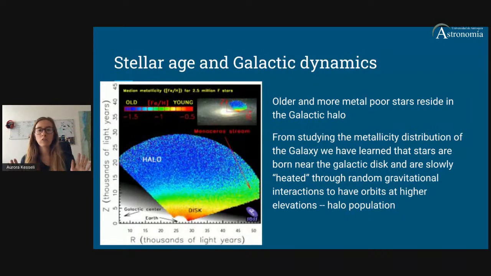And this is what creates the halo population, where you have these older, gravitationally heated stars. It doesn't have anything to do with actual heat or how hot they are, but you often call it dynamically heated. And so that means that their orbits are much higher and they're part of this halo population.